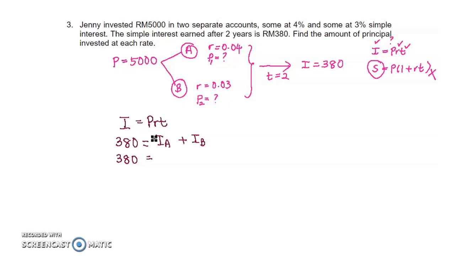I equals PRT. For bank B also, we calculate interest as PRT, based on simple interest.